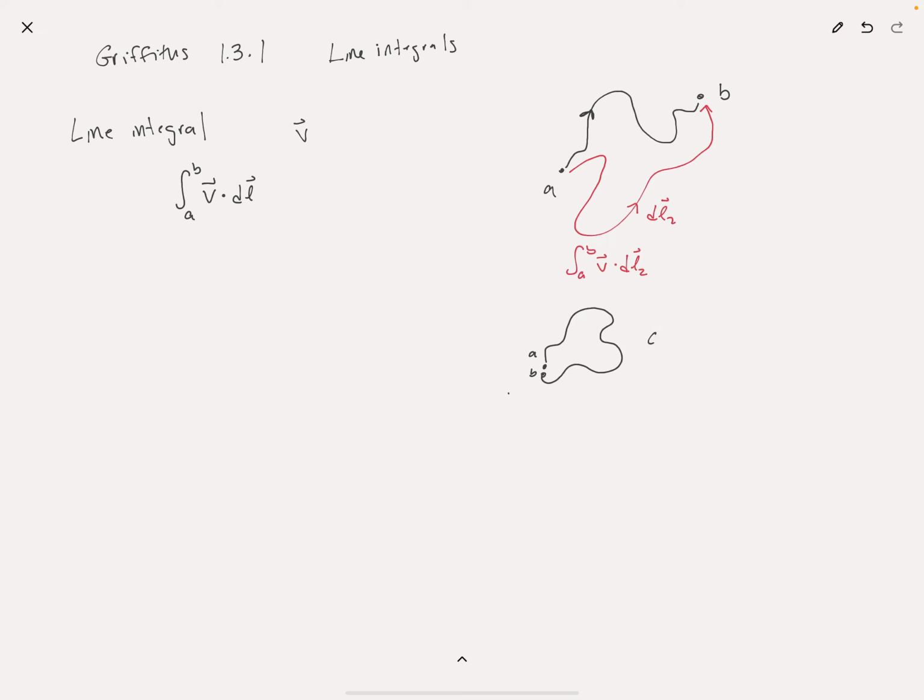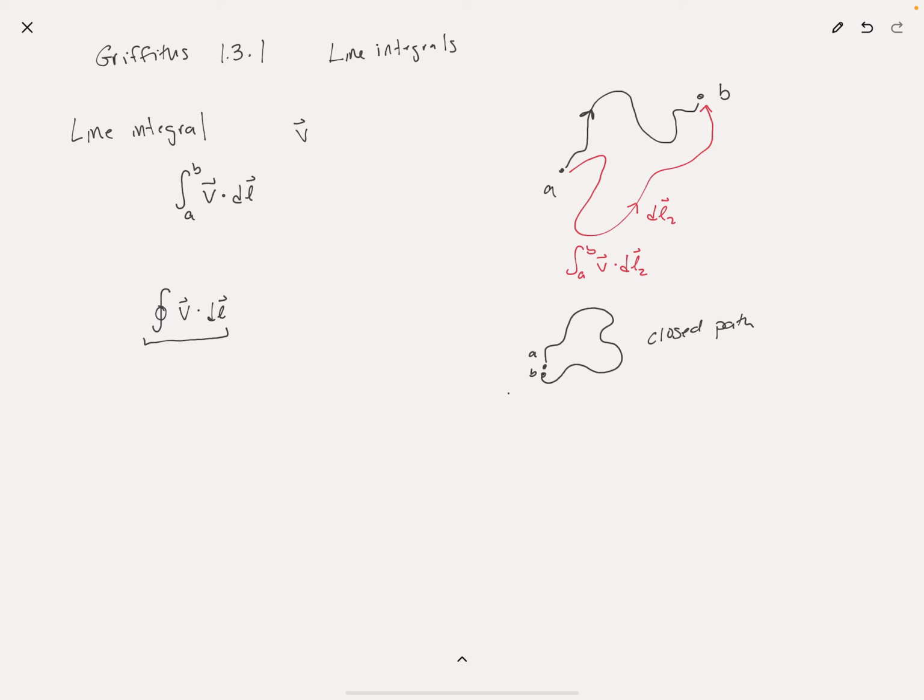In that case, we call this a closed path, and we denote that by the circle on the integral, closed path v dot dl. Now, in general, this closed path integral can take on any value.